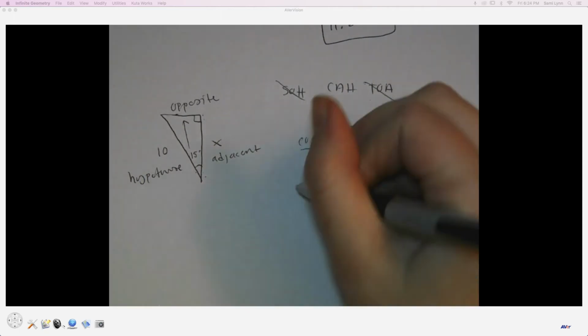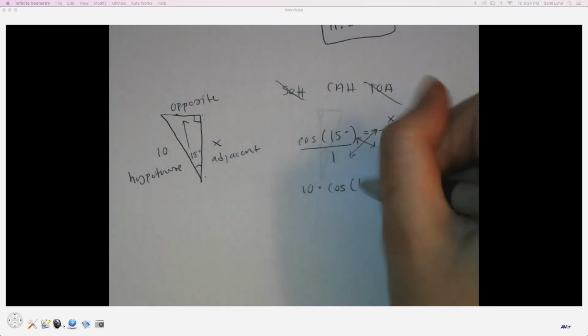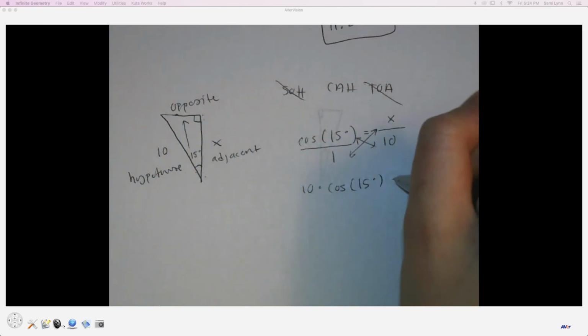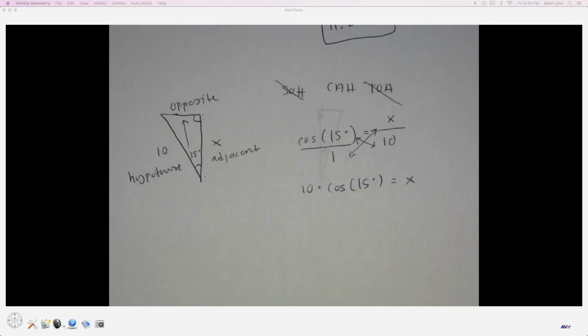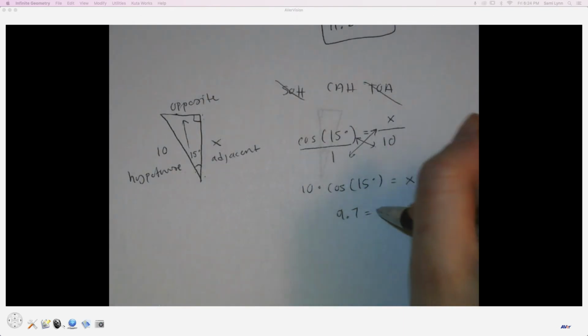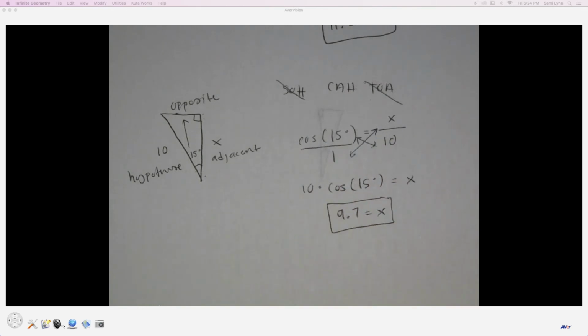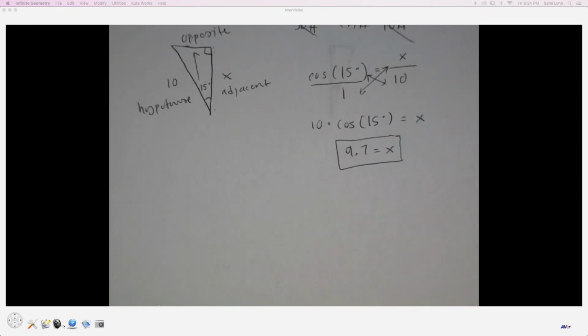So I've got 10 times cosine of 15 degrees equals x. All right, another calculator moment. This one's going to turn out to be about 9.7 equals x. All right, let's go again.